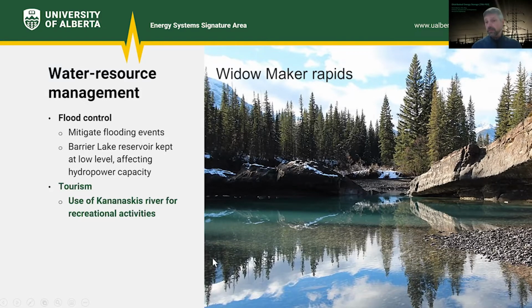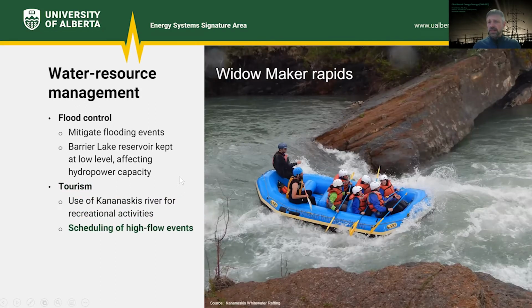And I know we're told that this river is actually used for recreational activities, and some industry down in the Kananaskis Valley, they make their living on tourists and using that river. So TransAlta actually accommodates that several times a day. Several times a day, they're opening up their power station to create high flow events in the river. This is the back of this picture.